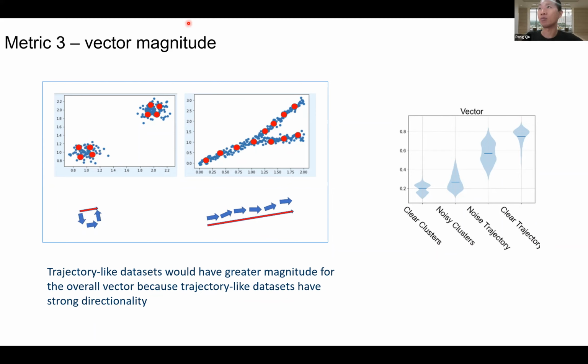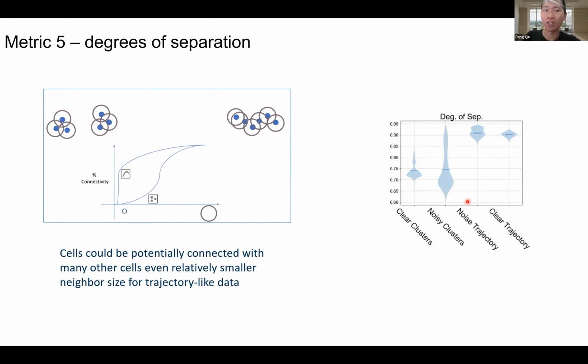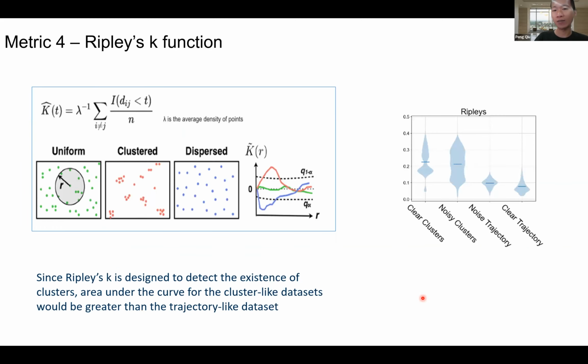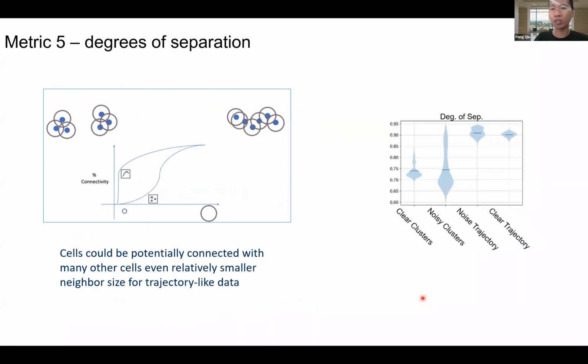We have two other metrics that I would like to skip the details of, but just to show you on the right, the ability of these other metrics to differentiate clusterness versus trajectoriness. Okay. So at this point, we have 5 different scores we can compute for each data set, and we know that each of them has some ability to distinguish clusterness versus trajectoriness.